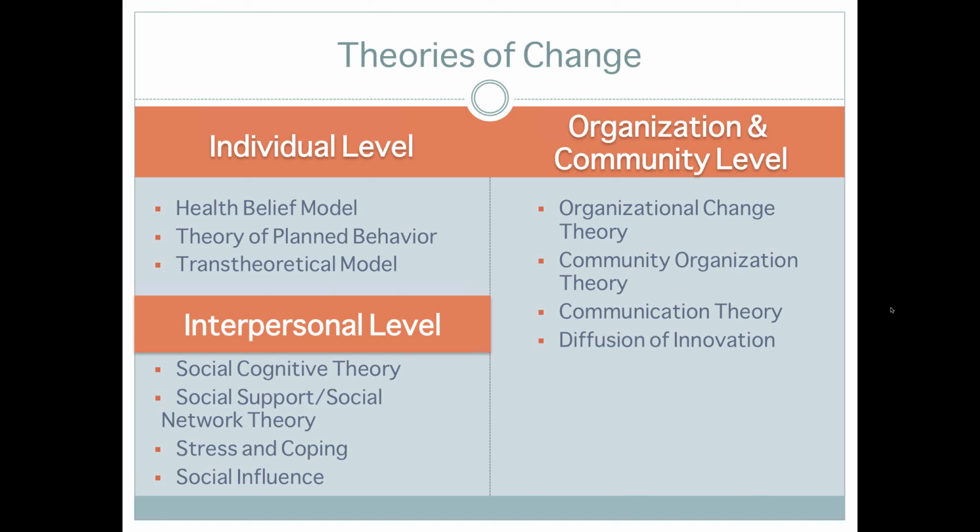Okay, there was a question about future time perspective. That was one of the risk factors at the individual level in the social ecological model. It's a construct that's come out of psychology that looks at how much an individual looks forward to the future and anticipates having a future.